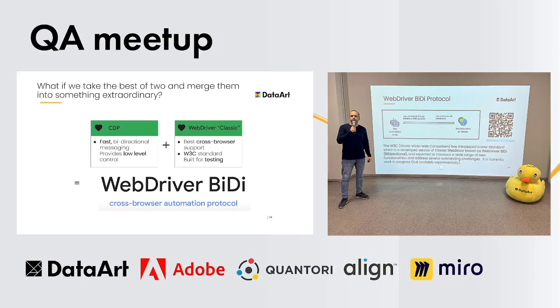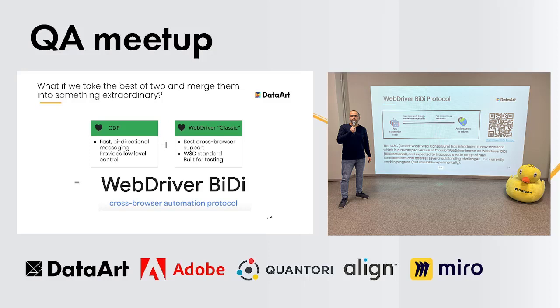Now, what if we try to combine these two types of tools together? So we will have the bidirectional connection, WebSocket connection, and also we can run our automation tests against all browsers in the world, okay, any type, even the browsers that we don't know about, and they will be introduced in the future, right?